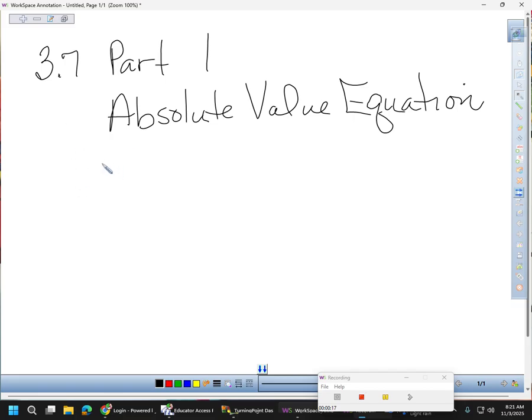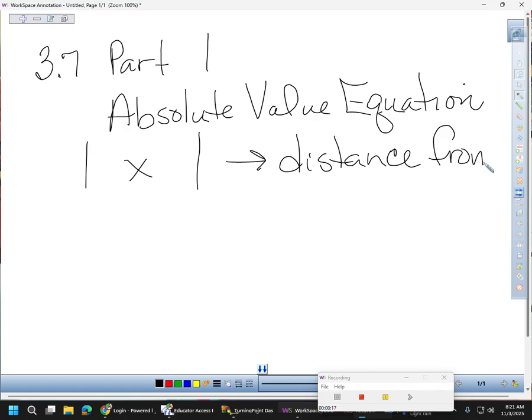So when you have those two lines, as Ella described them, that's absolute value. Whatever's happening in here, it is the distance from 0. And a distance always has to be positive.